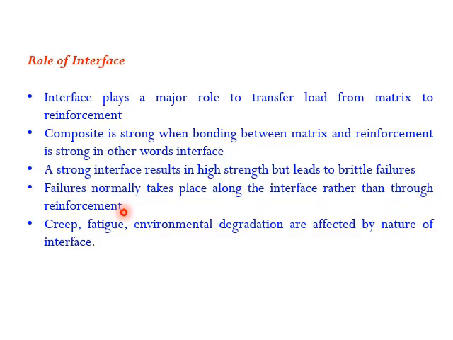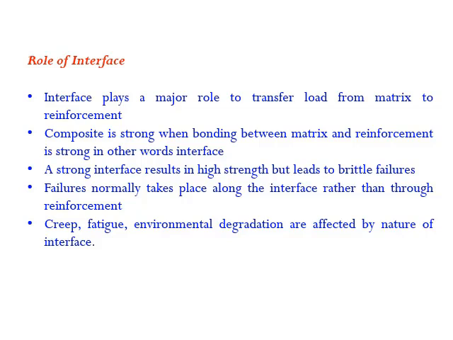Failures normally take place along the interface rather than through the reinforcement. If the interface is weak, then the failures take place through the interface, leading to brittle fracture. Creep, fatigue and environmental degradation are affected by the nature of the interface. All the strength and resistance offered by the composite material is fairly dependent on the type of interface we are going to get.